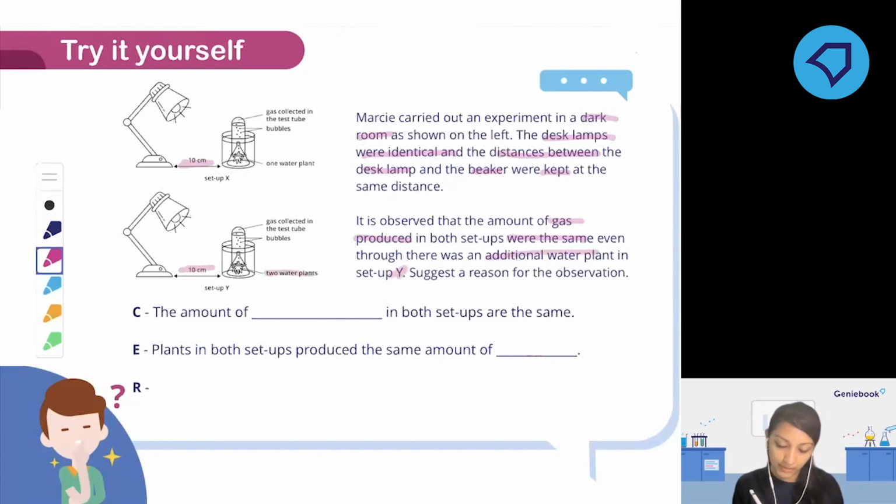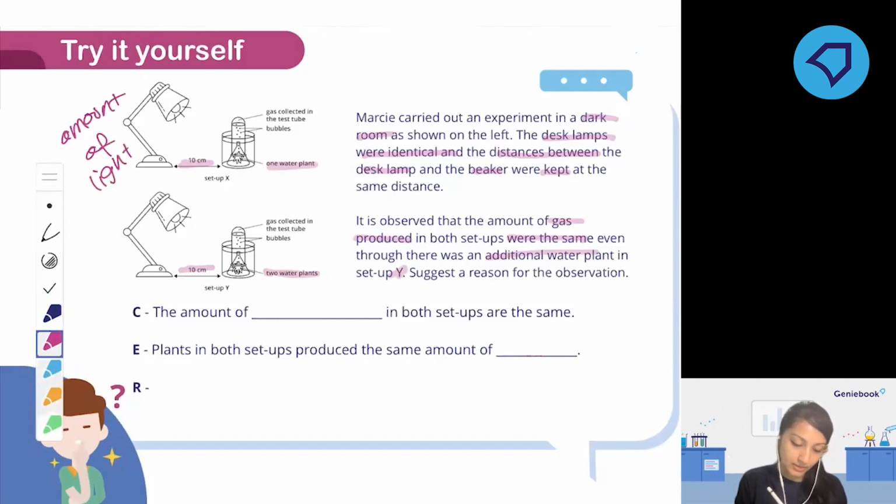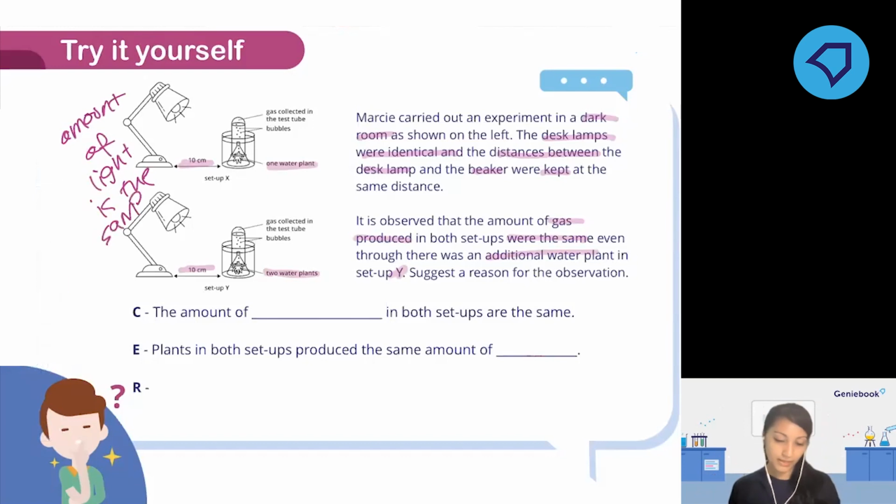There are 2 water plants here and only 1 water plant here. Assuming that the amount of light is the same, because the distance between the lamp and the plants is the same and you're using identical lamps, the only difference is setup X has 1 plant, whereas setup Y has 2 plants.